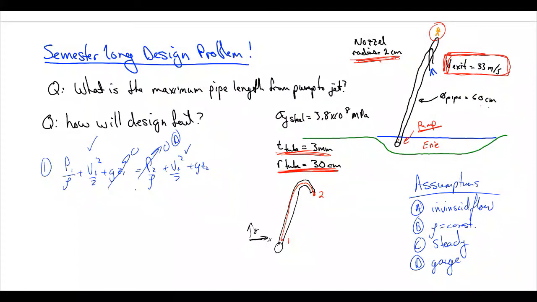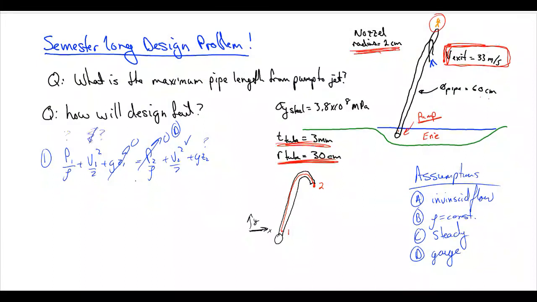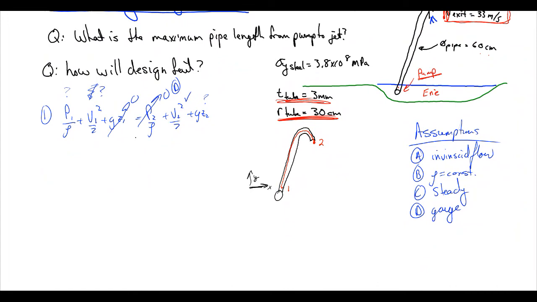And we don't know Z2. And we don't know P1 yet, actually. Let's put a question mark there because we're going to have to solve for it. So we don't know P1, we don't know V1 yet. We're given V2, but we don't know V1. And we don't know Z2. But Z2 is ultimately what we're solving for.